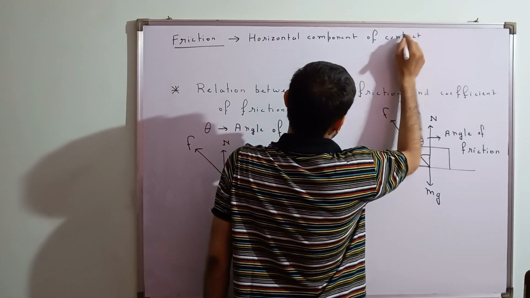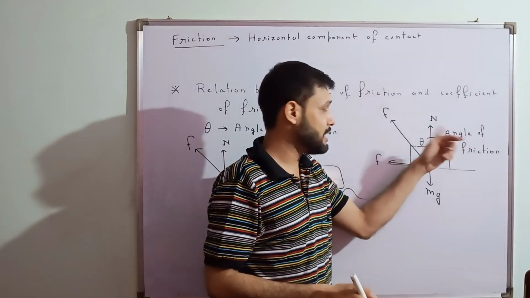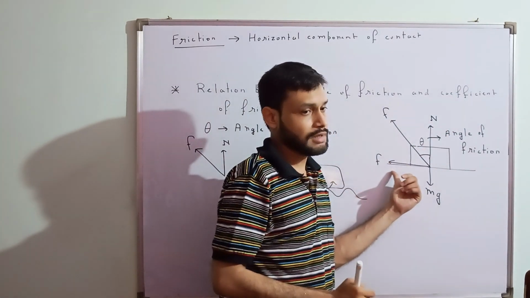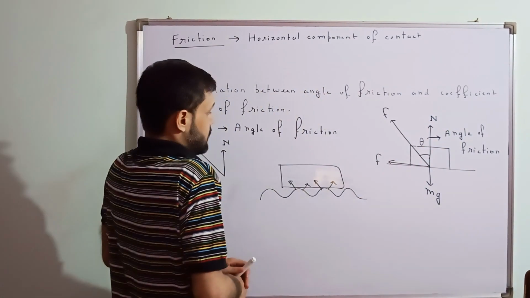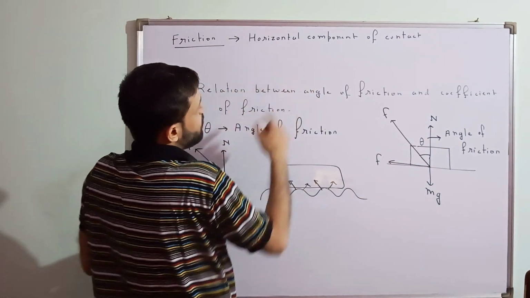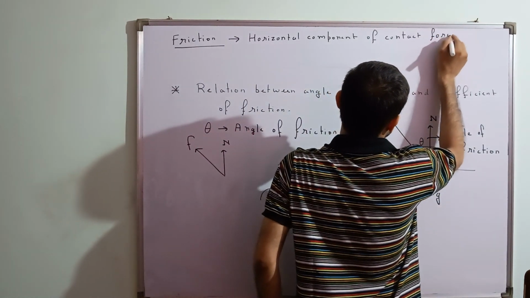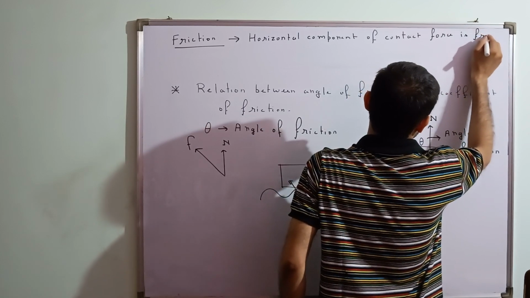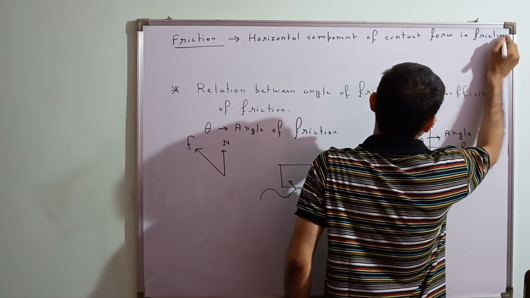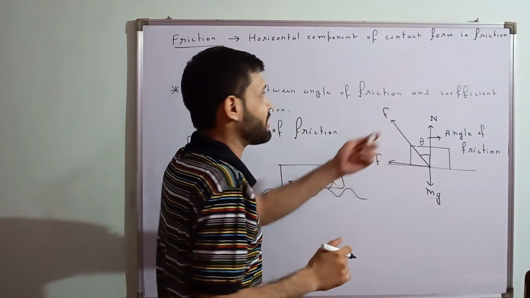Okay. One component of contact force is normal reaction and the other component is friction. Are you getting this thing? The normal reaction is one component and the horizontal component of contact force is friction. So this is what friction is basically. And the normal component of contact force is normal reaction.